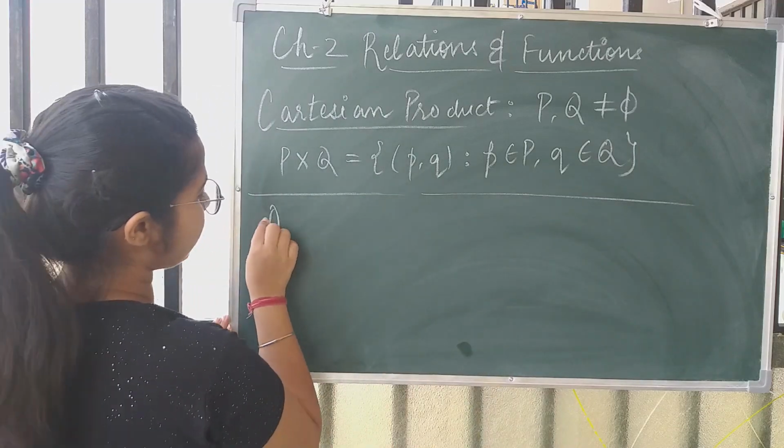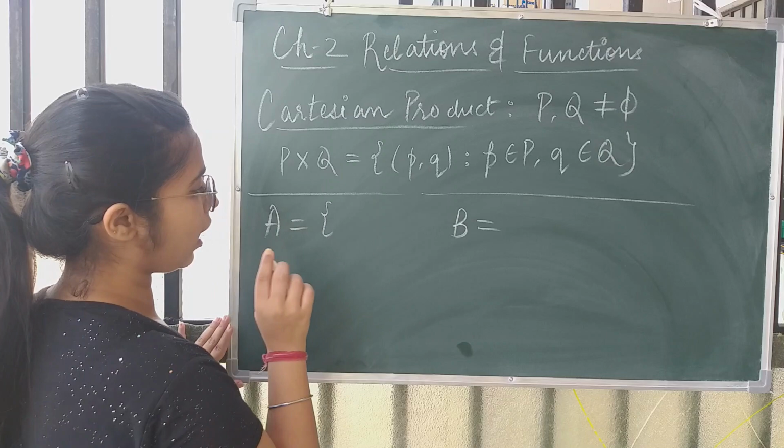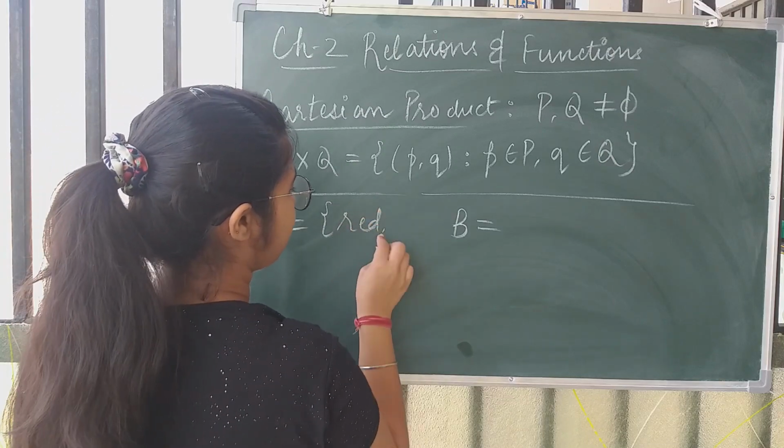Suppose you have two sets A and B. Now your set A has two colors, suppose red and black.